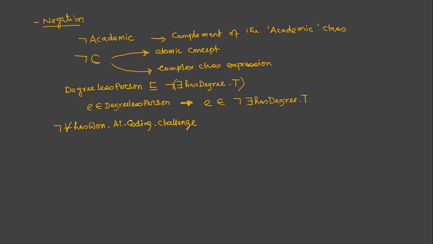Now, how should we interpret this? One interpretation of this would be: the individuals belonging to this class will have a certain property. What is this property? These are individuals for whom this particular thing will not hold.